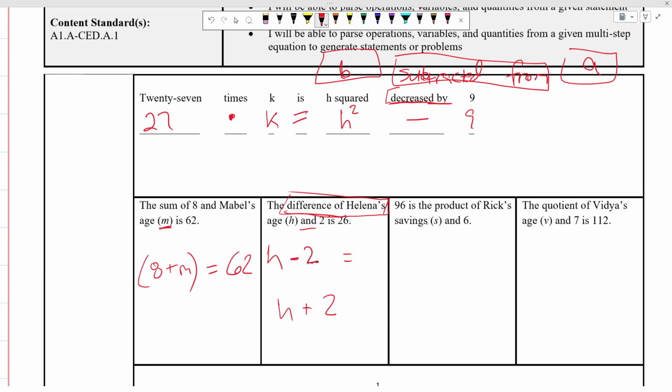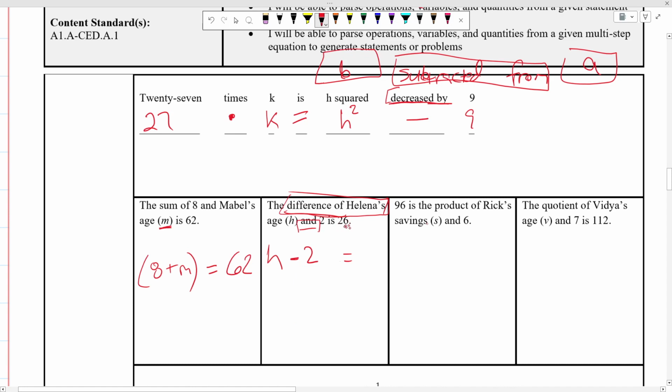So, in fact, this one would be minus 2. If there was no "the difference of," if this was just simply Helena's age and 2 is 26, then this is the right way of representing that. But because you have that phrasing right before this whole thing, that is your indication that the two quantities being "anded" are subtracted. So I just wanted to point that out.